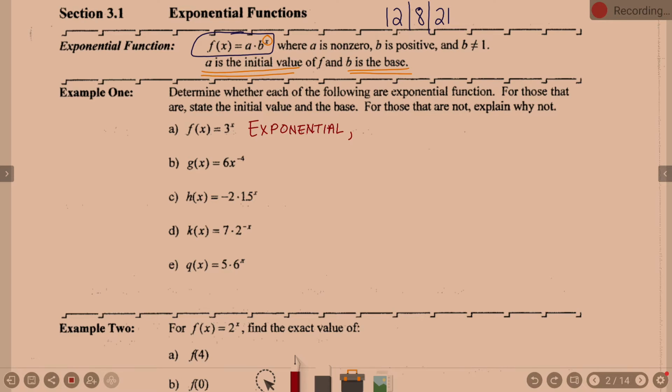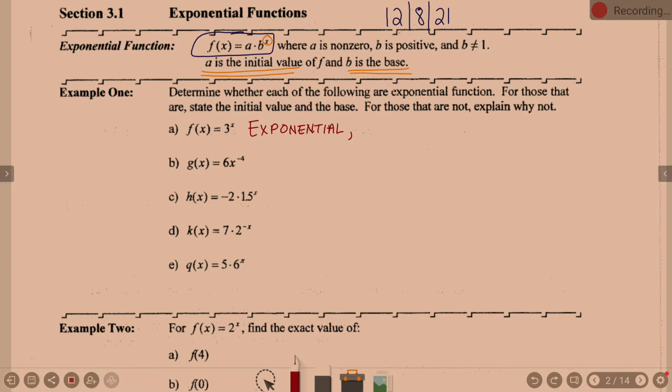Thoughts on the initial value and the base? Would the initial value be 1 and the base 3? Mm-hmm. Is the base the obvious one to you guys?